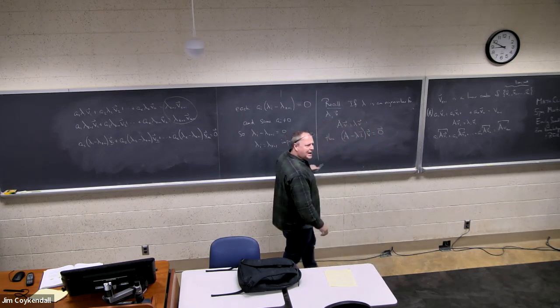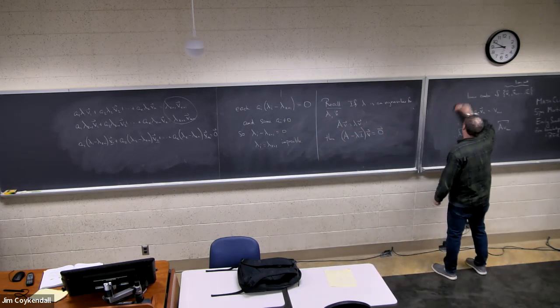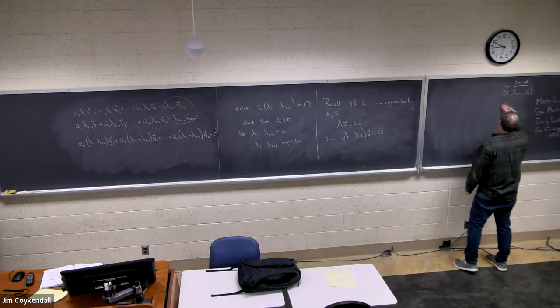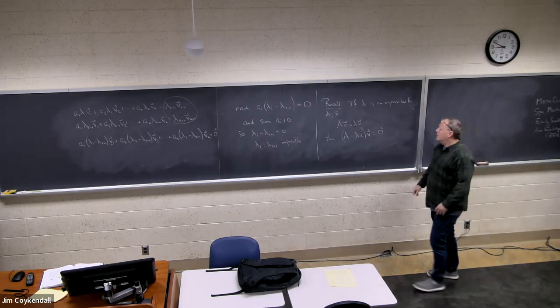I mean, basically, this is what we did earlier. We were finding the null space of A minus lambda I. And this actually helps us find what lambda is, right?